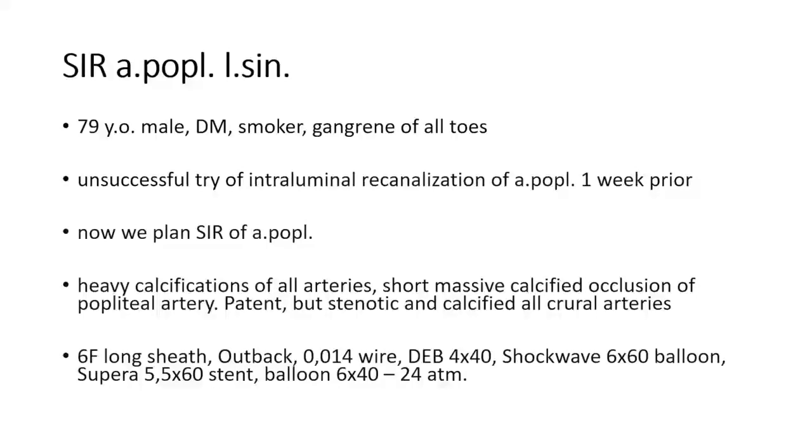One week before, we performed an unsuccessful intraluminal recanalization of the popliteal artery. Now we plan subintimal recanalization of the popliteal artery. There is heavy calcification of all arteries, a short massive calcified occlusion of the popliteal artery, and patent but stenotic all three crural arteries.